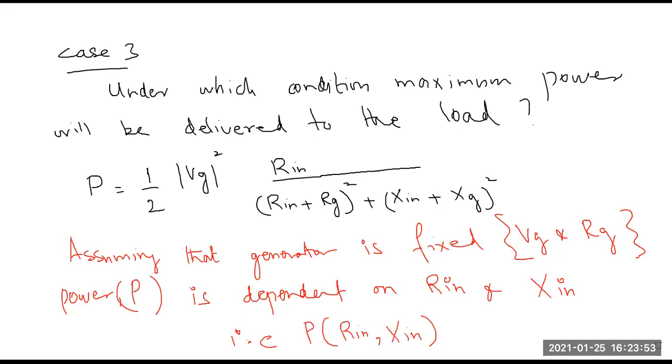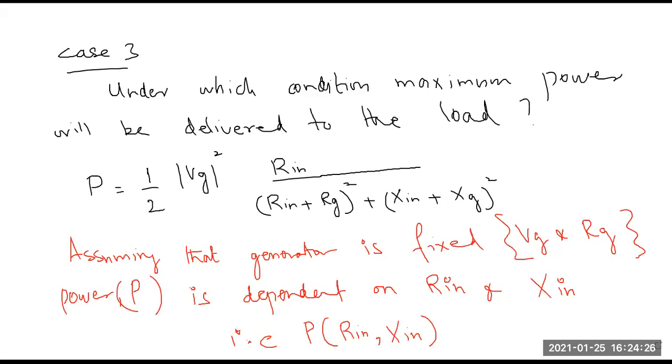So we can make use of a general mathematical rule that if you want to find out the maximum or minimum value of any function, which is a function of 1 or 2 or any other number of parameters, you take a derivative of that function with respect to that parameter, and then you equate it equal to 0. And from that particular condition, you will end up with the value of that parameter for which the function attains its maximum or minimum value.